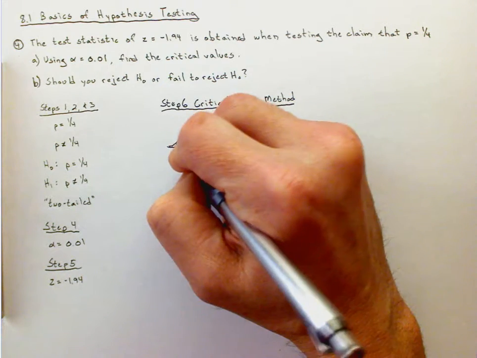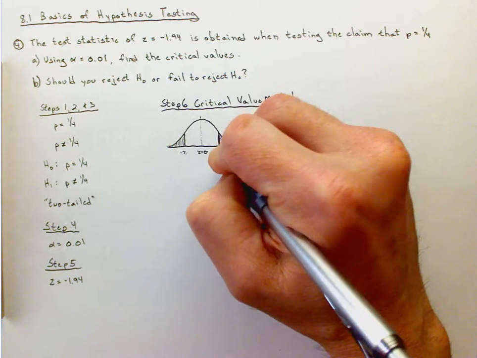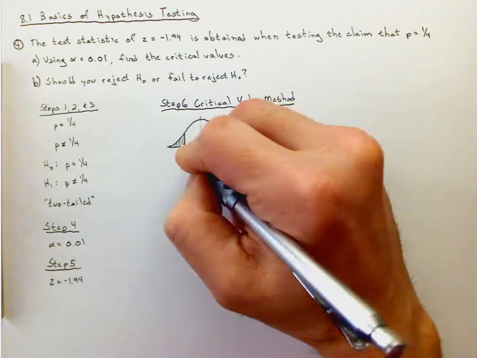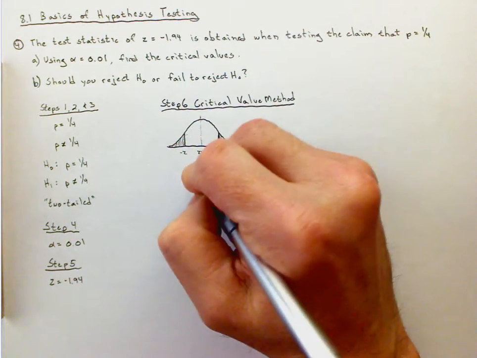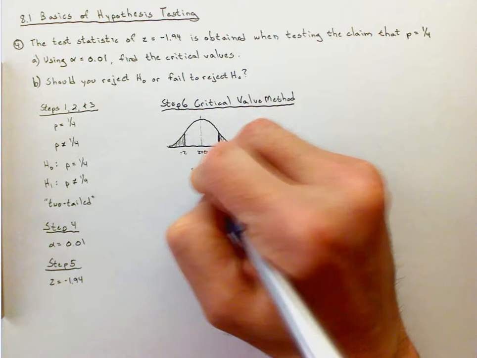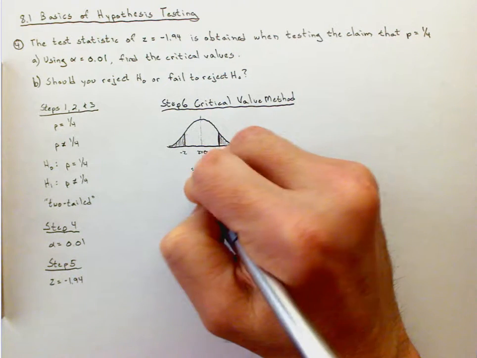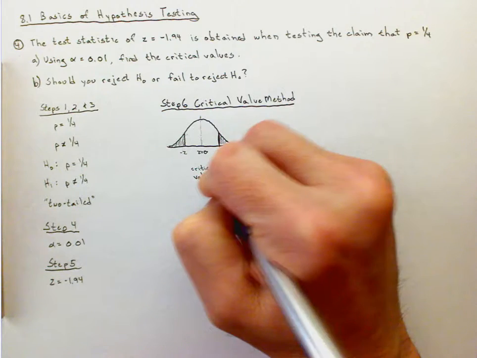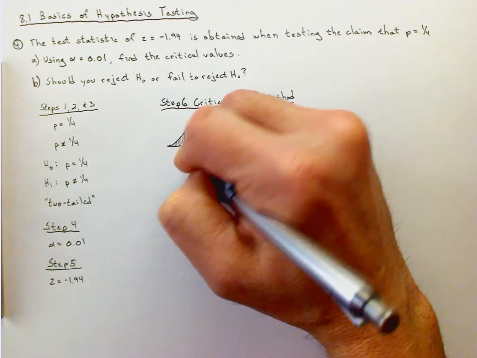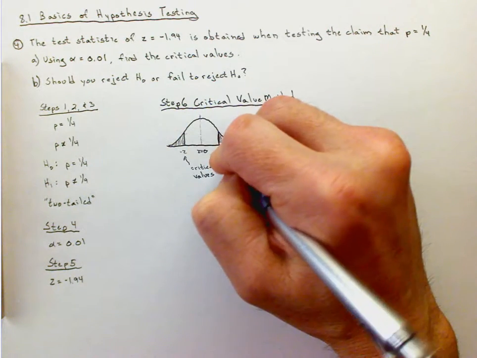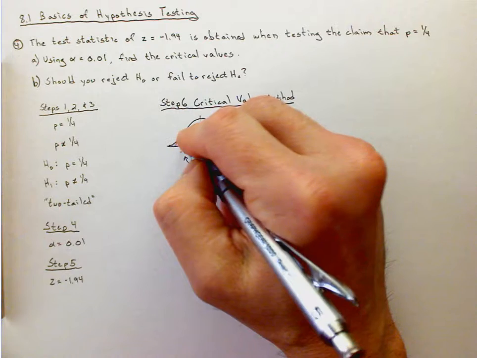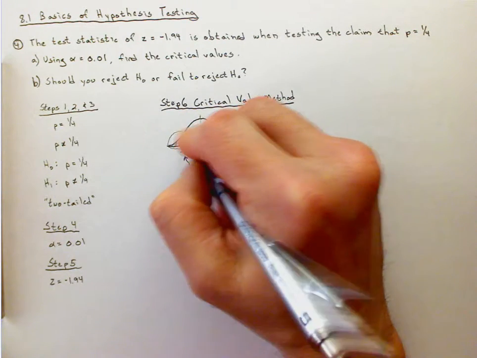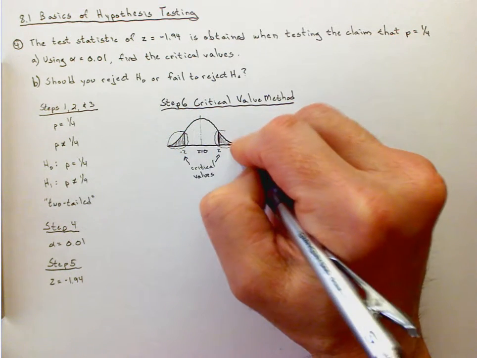This will be a negative z, and this will be a positive z. To the left of z equals 0 is negative, to the right is positive. These are my critical values. That's where the significance is. In statistics, we want to know that significance.